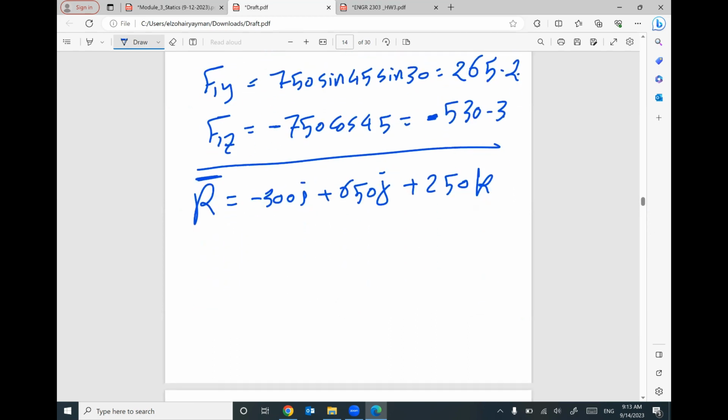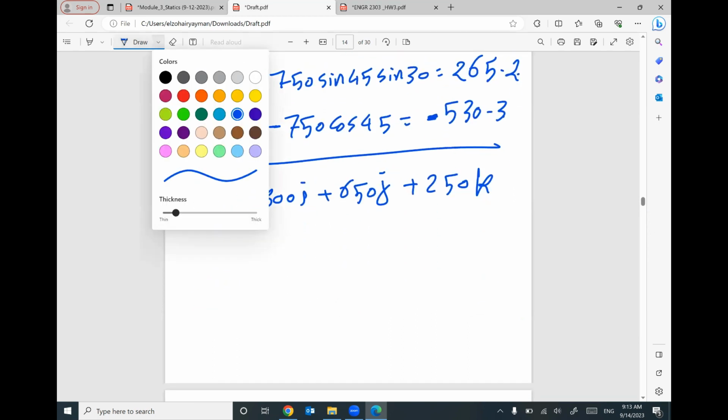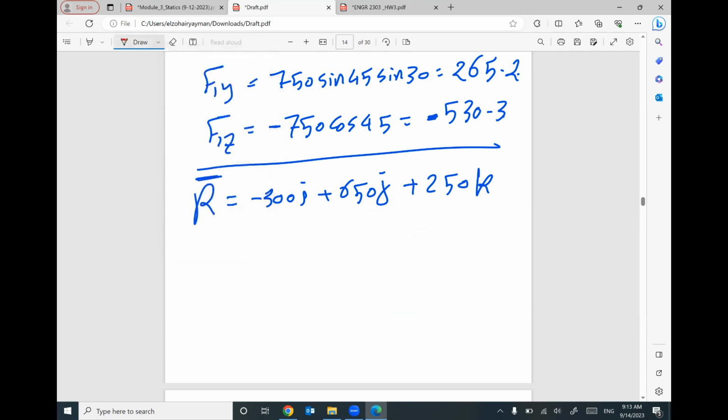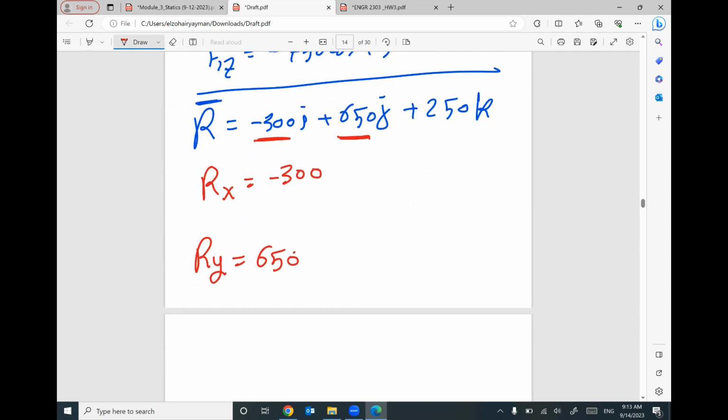You must be aware that your resultant is given like this. So this value represents Rx, this value represents Ry, and the third value represents Rz, 250.